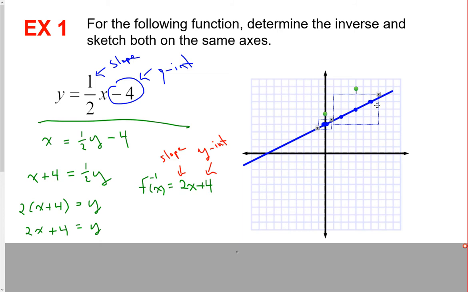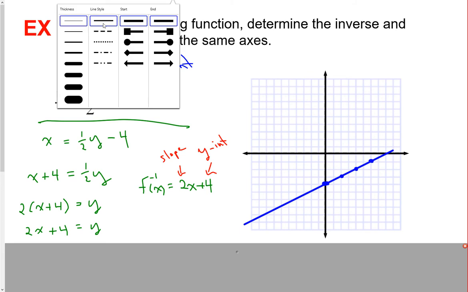Okay, here we go. -1, -2, -3, -4. There we go. That's better. So I have my slope of 1/2, up 1 over 2, up 1 over 2, but my y-intercept is -4. 1, 2, 3, 4. That's better. Okay, good. Now let's do my inverse.